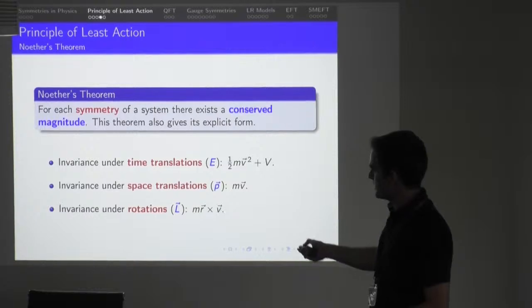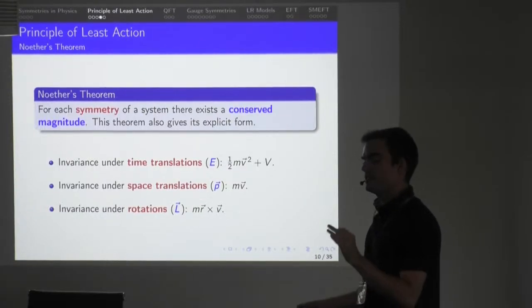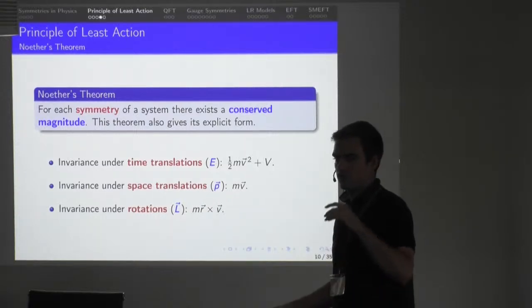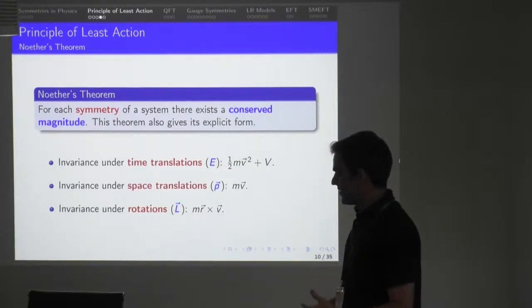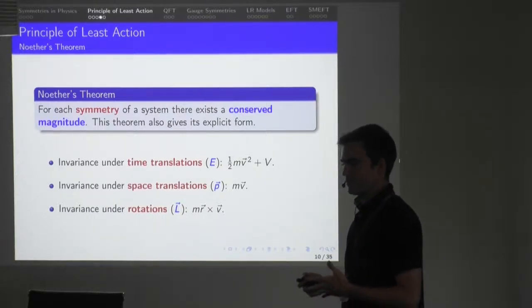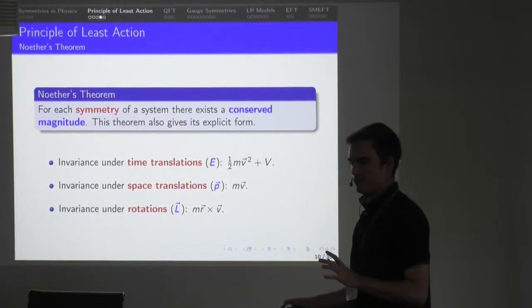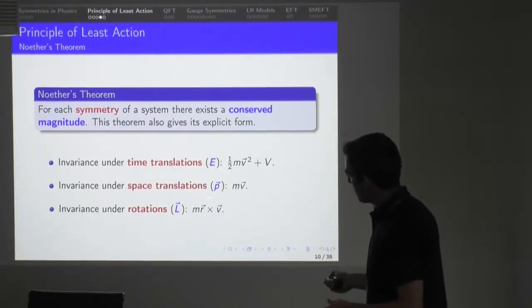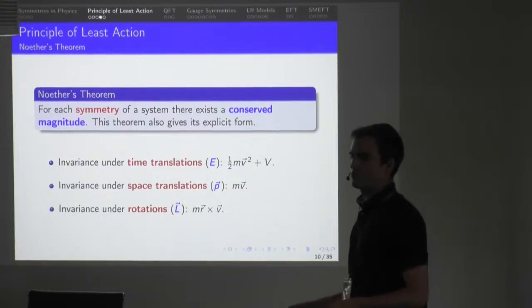And we had invariance under rotations. We can show that this quantity is conserved, and it is the angular momentum. So the reason why you had to study these three quantities is just because the laws of physics are invariant under these three symmetries here. And because of that, these three quantities, which are obtained using Noether's theorem, are important.